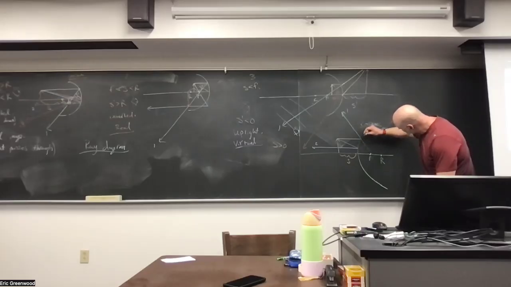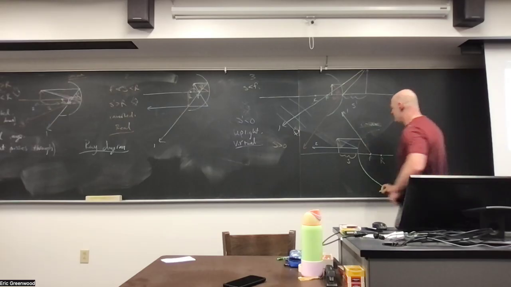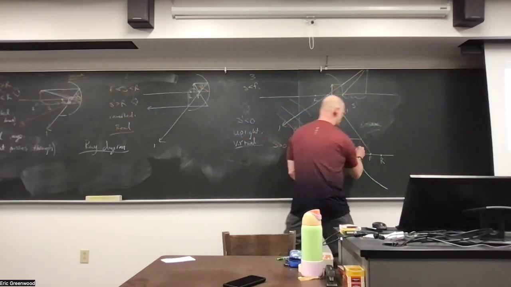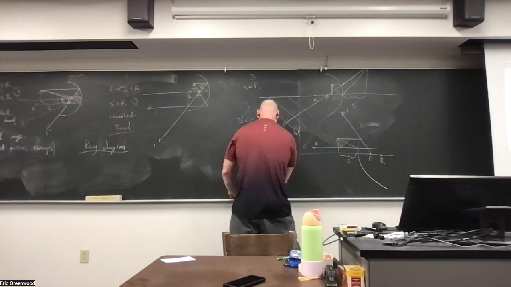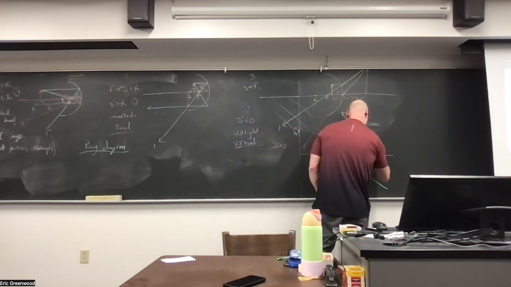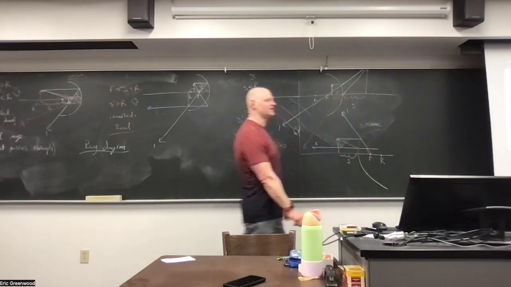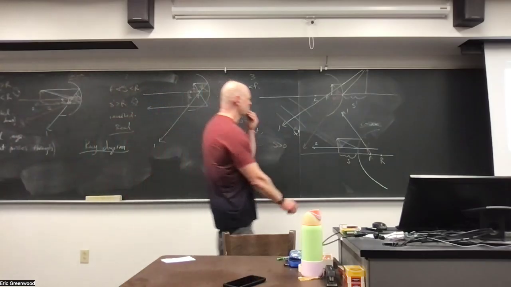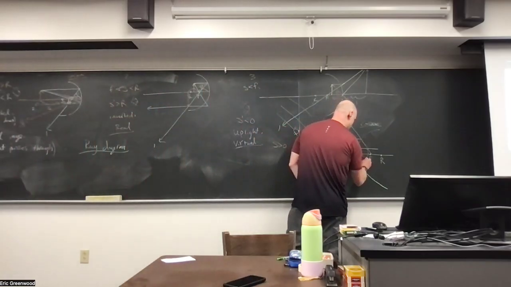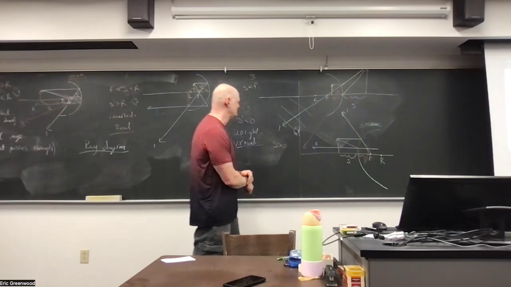So back to the focal point, and then this one backwards as well. Where these two ray trace lines cross will be the location of my image. So this is going to be my image, and this is my image distance S prime.